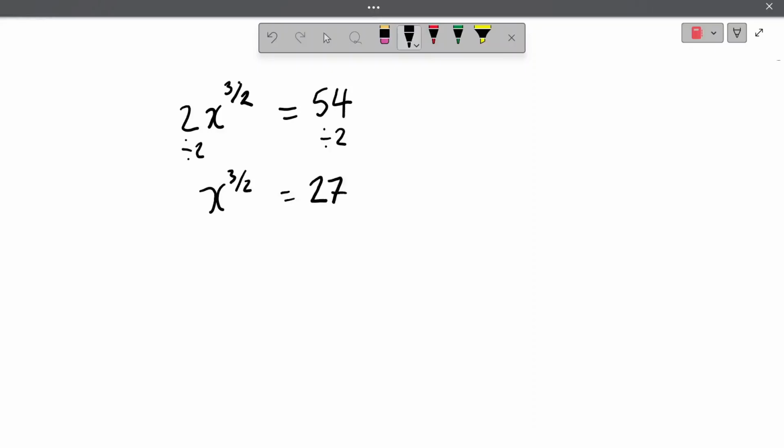Then we end up doing the flipping of that fraction. So we have 3 over 2, and we're going to have 2 over 3 here. So 3 over 2 times 2 over 3 would be 1. And then you have that 27 to the 2 over 3. Well, that side gets you x.